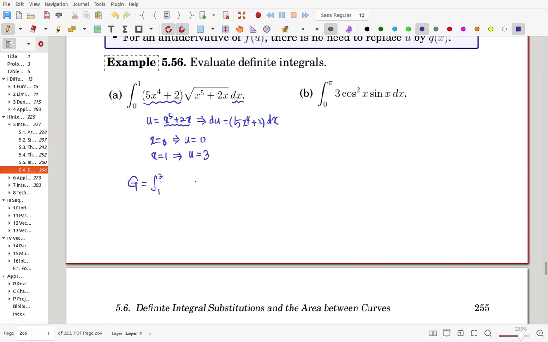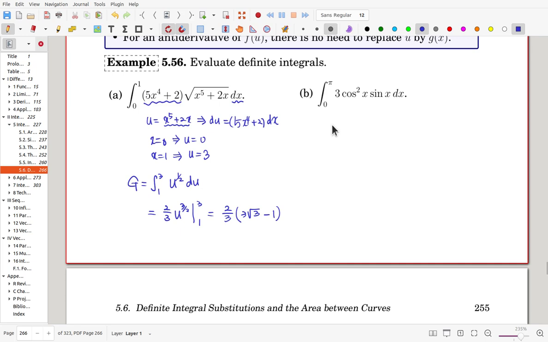And this portion is square root of u, u to the half power, and the remaining part is, we already know, du. Now the antiderivative of that is, by adding 1, 3 over 2. So the reciprocal is 2 over 3, and u to the 3 over 2. Now u is from 1 to 3. So here 2 over 3 is there, and that is now 3 times square root of 3, power 3 over 2, and 1, that is the subtraction, right?